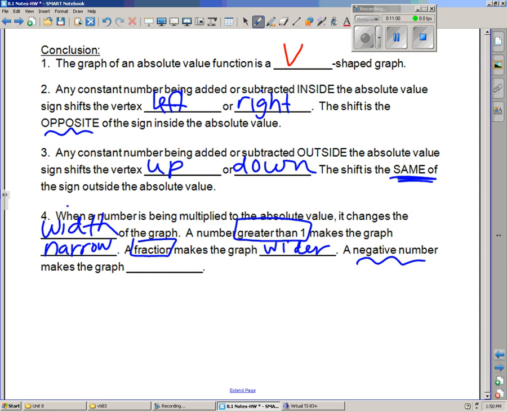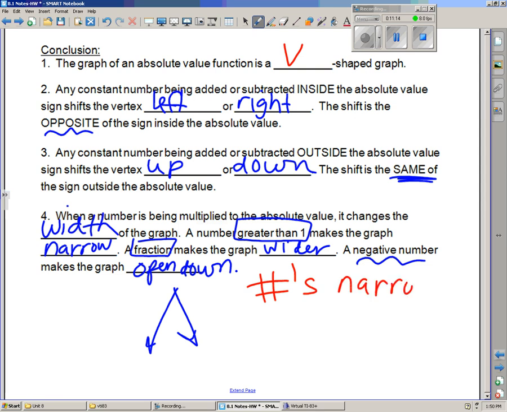A negative number makes the graph open down. So what I tend to say is numbers make you narrow, fractions make you fatter. Okay? Not necessarily politically correct, but it might be a good way to remember.